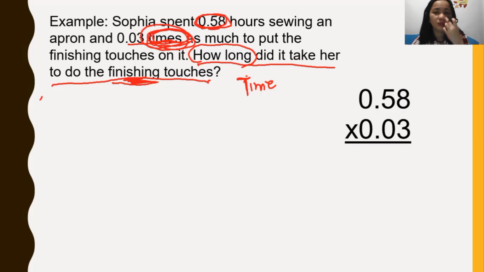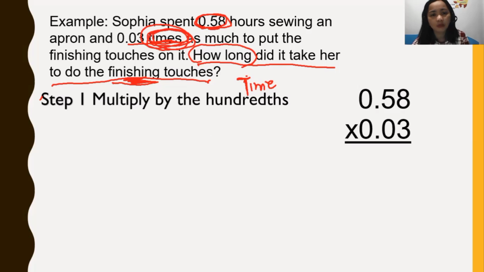On how to multiply decimal numbers, here are the steps. Step 1, multiply the hundredths digit. That is when you multiply only up to the hundredths place value, with 2 decimal place factors. So in our given, step 1 is to multiply the hundredths digit.